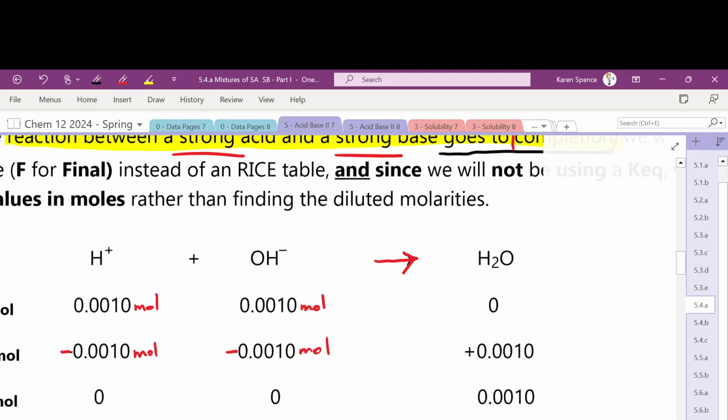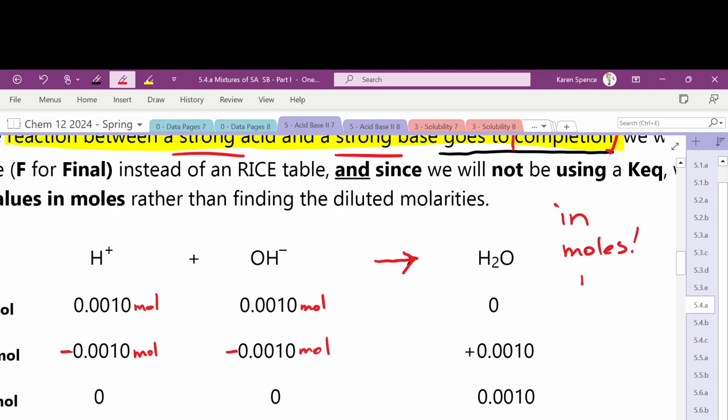And what are we making? We're making water, and because this is not concentration, this is in moles, we can have moles of water, yes? So the moles of water is going up.